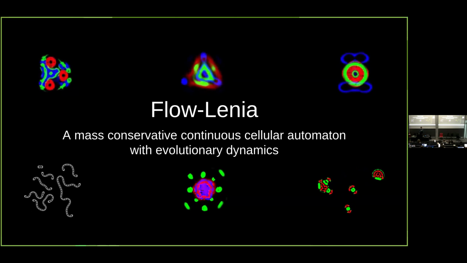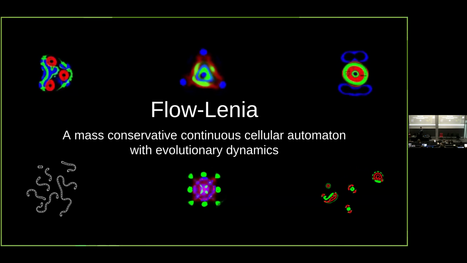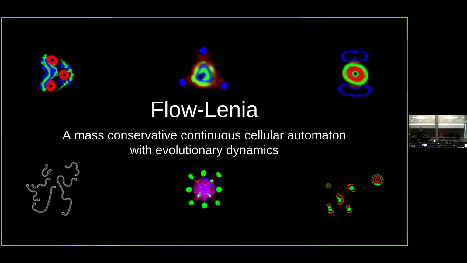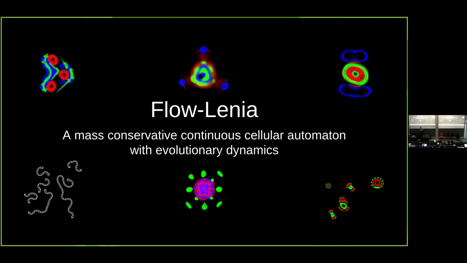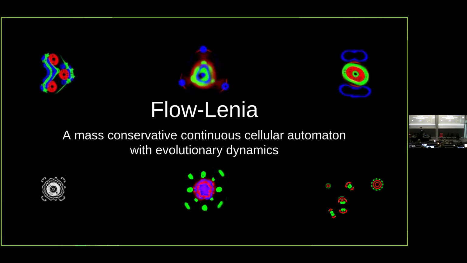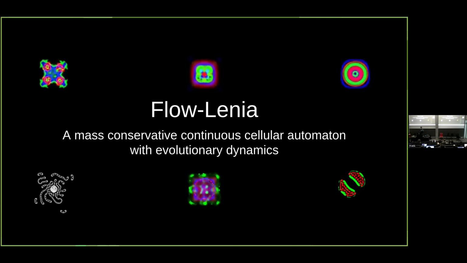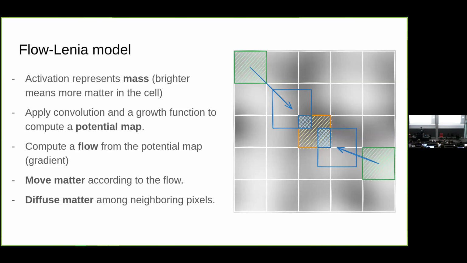This is a continuous cellular automaton, which has the nice properties of conserving mass, so the amount of activation in the whole simulation, and also enables evolutionary dynamics. In this model, the activation of the cellular automaton represents basically mass. So the brighter the cell, the more matter there is in it. And we kind of simulate particles that move according to a flow map.